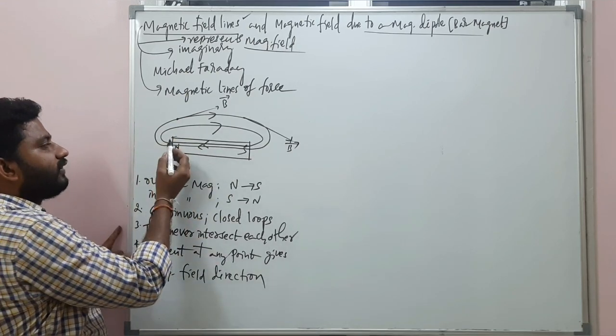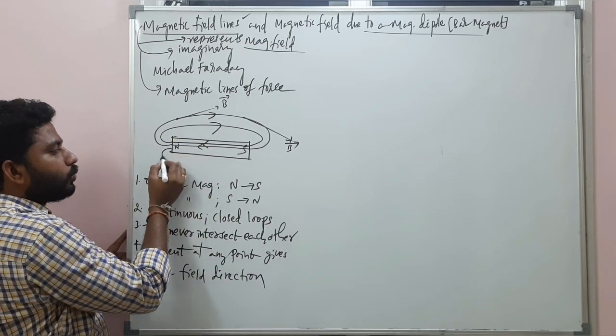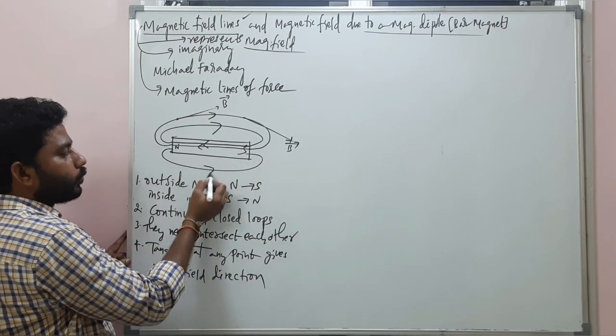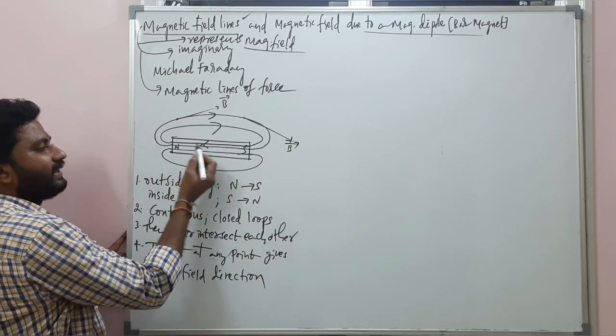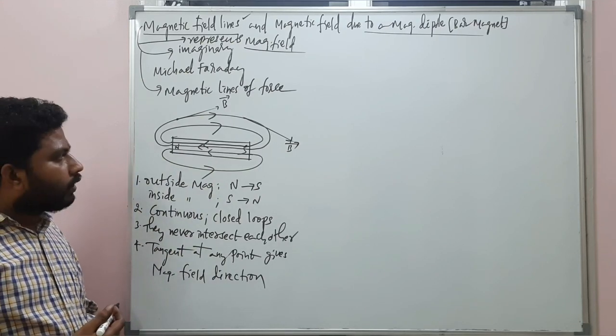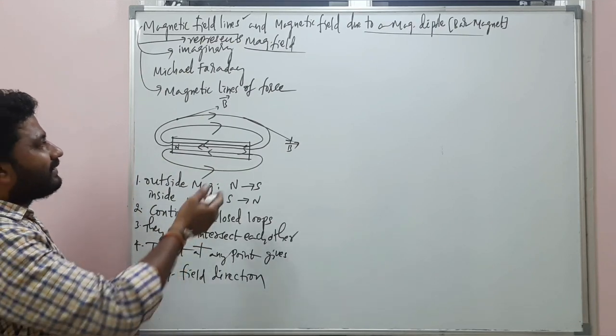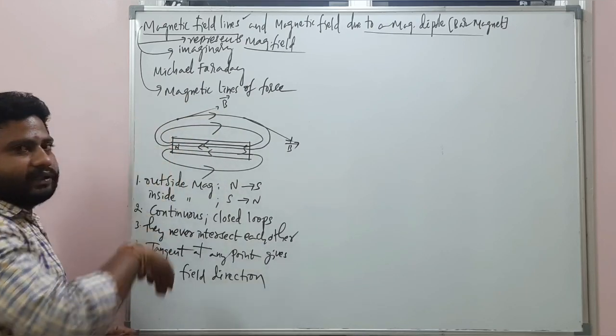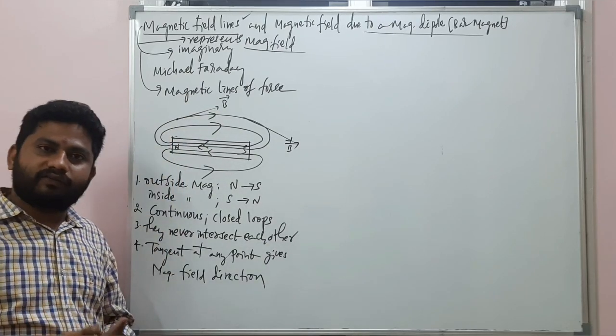How these magnetic field lines are drawn in this way, you may get a doubt. See, this is the path of the magnetic field line.